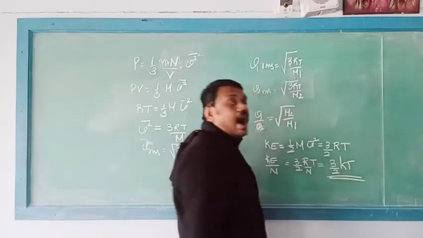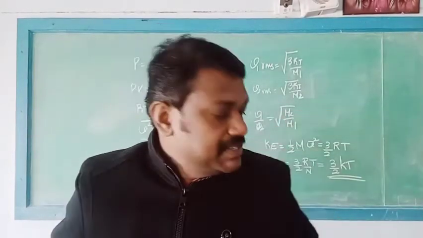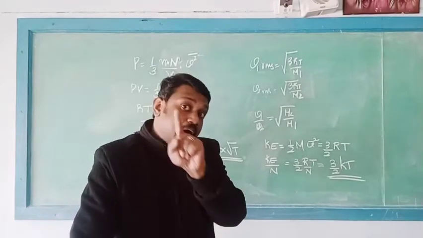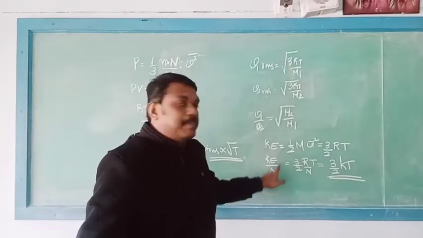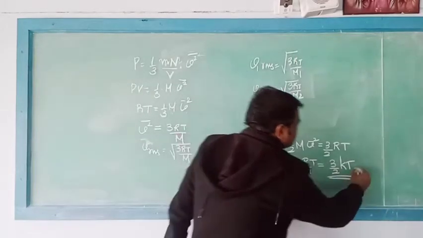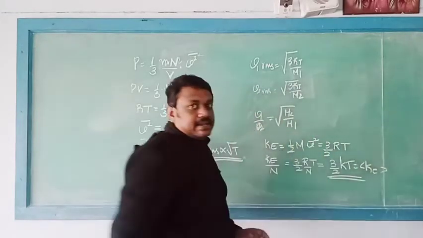That means the average kinetic energy of a particle in a gaseous system is given by 3 by 2 kT. It is not the total kinetic energy, it is the average kinetic energy, KE by N, which is equal to 3 by 2 kT, expressed in angle brackets as an average value.